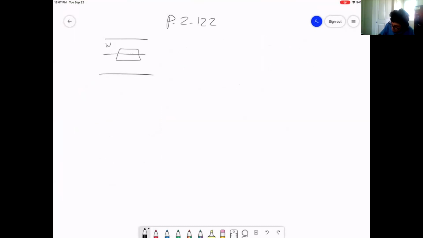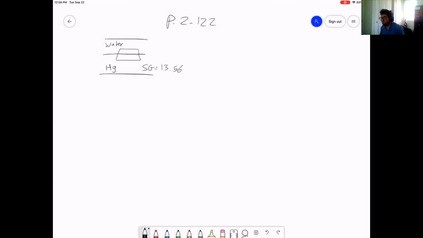So this is water and this is mercury, and the specific gravity is given for mercury. It's 13.56. And it's asking us to find, the steel will float at a mercury interface. What is the ratio of the distances A and B for this condition?